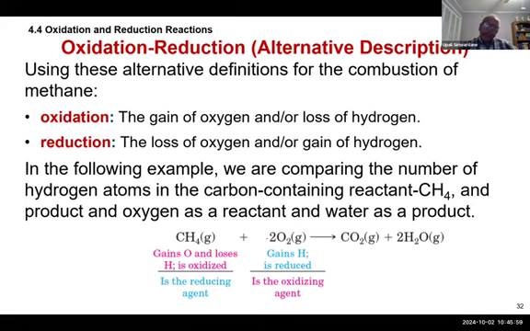If you look carefully, this compound gains oxygen. It lost hydrogen, therefore oxidation. There's no hydrogen here. That's the terminology we use. Gains oxygen, loses hydrogen, that's oxidation.